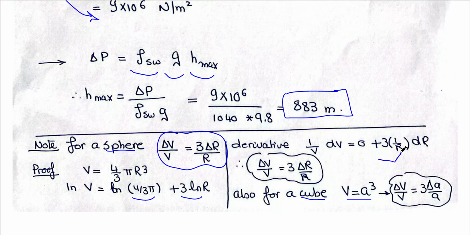A cube has edges; its edge is A. You can make the same proof and you will prove that delta V over V equals triple delta A over A. This rule could be used for a sphere or a cube, but we have a different rule for a cylinder, because for a cylinder we will not have the same. Thank you for listening.